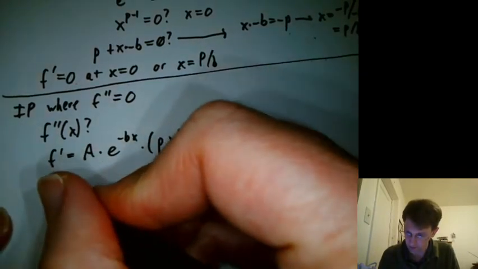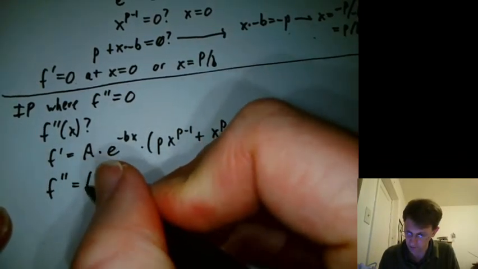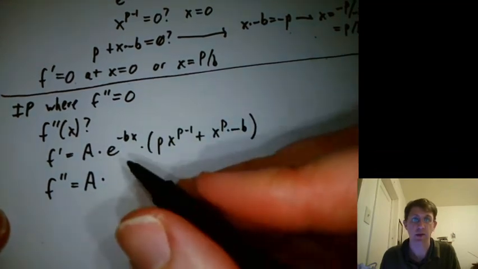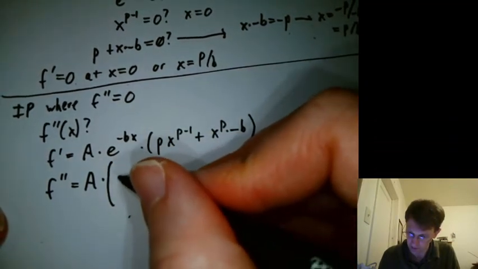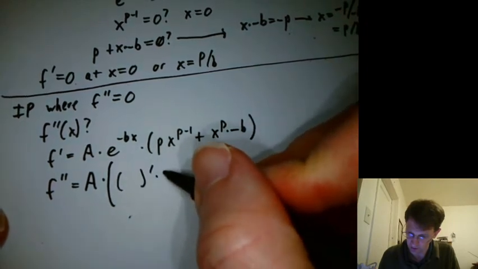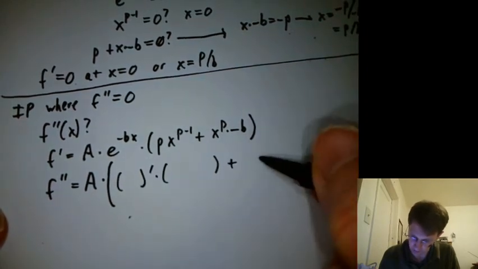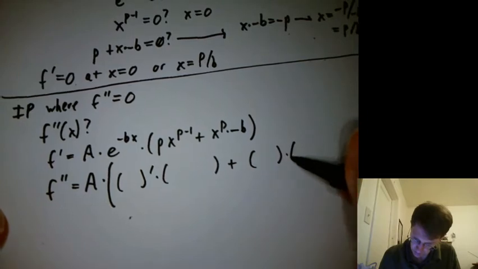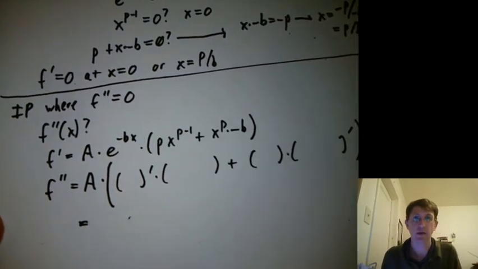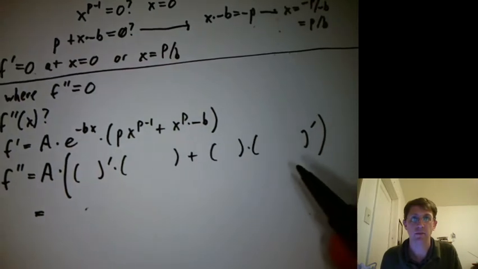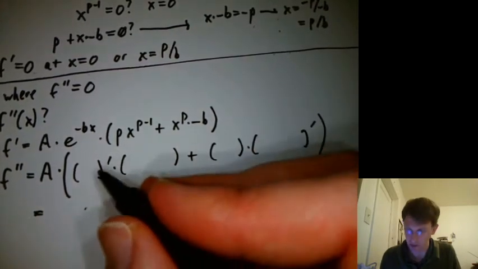So then let's plan out f double prime. That vertical multiplier will stay there. And then we'll have this prime times that plus this times that prime. So it's going to be a lot of algebra, but it's just kind of cranking through. It's not so bad, actually.